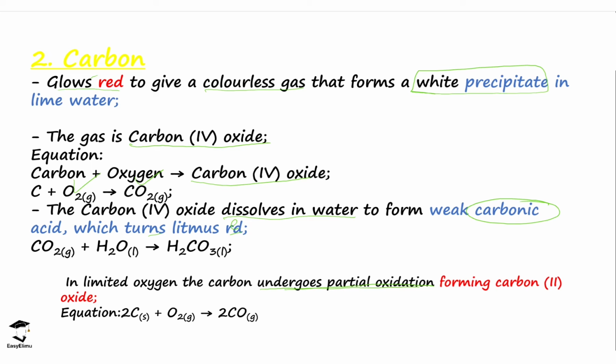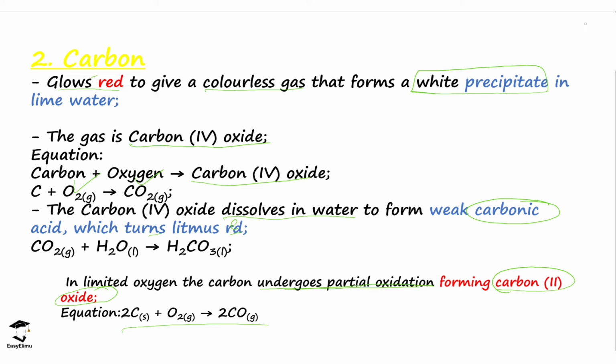And when that happens, it forms carbon 2 oxide, or commonly known as carbon monoxide. This is the equation for the reaction. You're also going to be required to know how to write the equation and balance it. This carbon monoxide we are going to discuss later in Form 2, and how dangerous it is, especially to the human system.